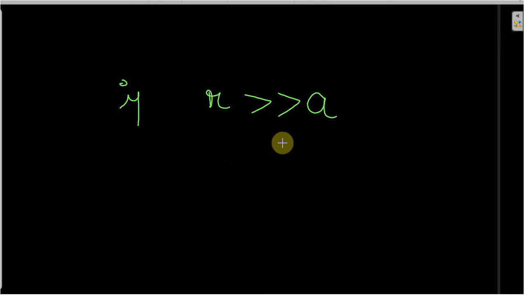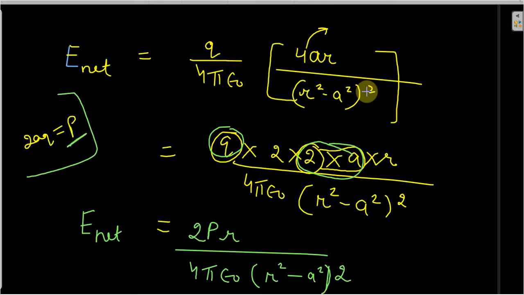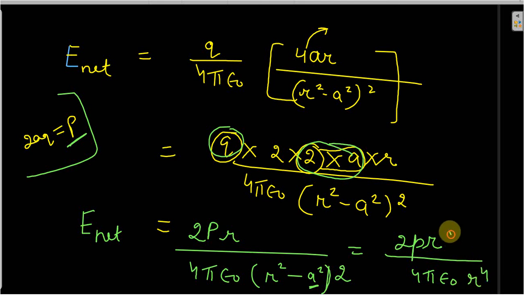So in that case we can neglect the a. In the previous equation, if we neglect the a, so what will you get? 2pr over 4 pi epsilon naught, and a you will not write if you are neglecting a, because the distance a is very small as compared to the distance of point P. So you can write r to the power 4 and r will cancel, 3 will be left.